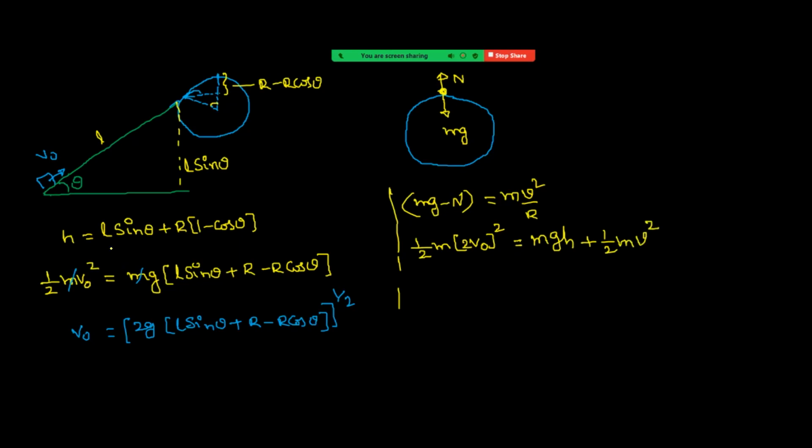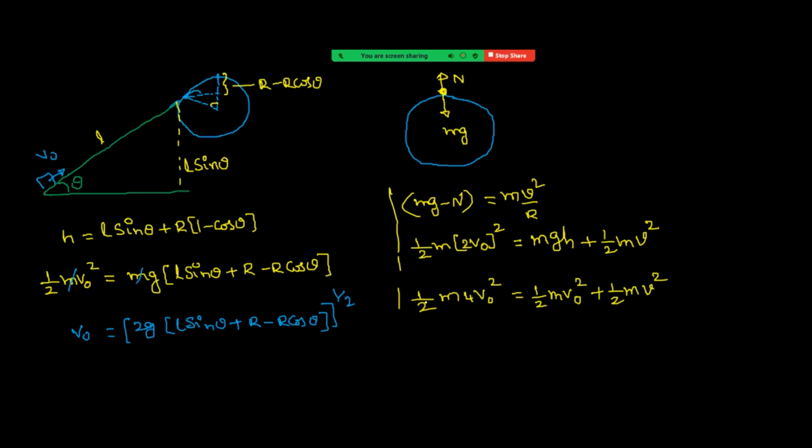We can see that half mv naught square equals mgh. So in the place of mgh, I am writing half mv naught square: half m 4v naught square equals half mv naught square plus half mv square.